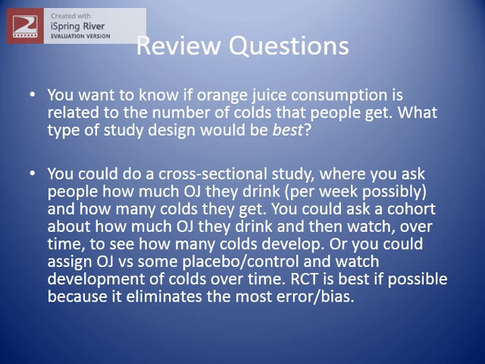And then over the years, see how many colds they get. The best way to do this is to give some people orange juice and some people some kind of control placebo substance and watch over time to see if they get colds. That's the best because it eliminates the most error and/or bias.